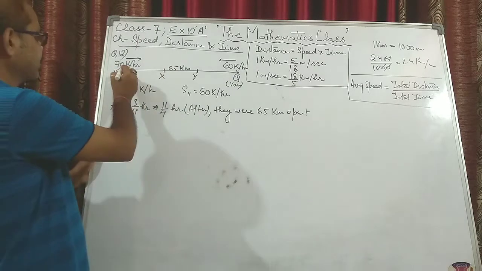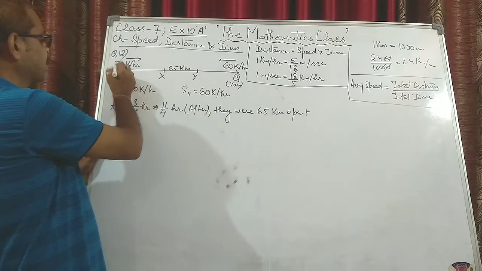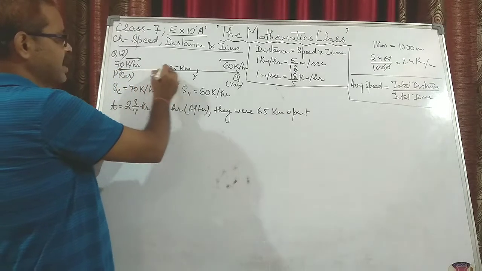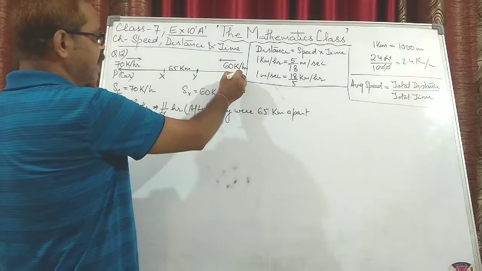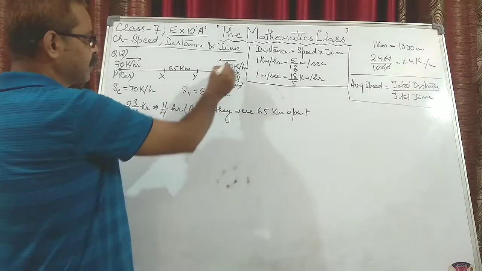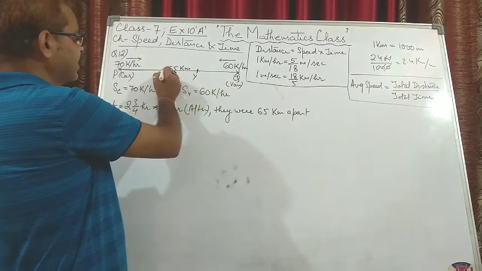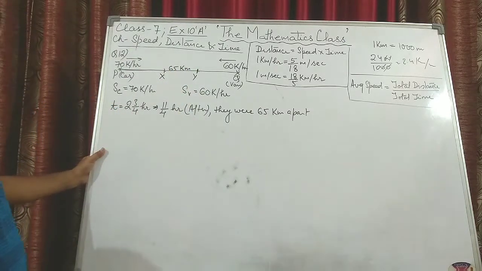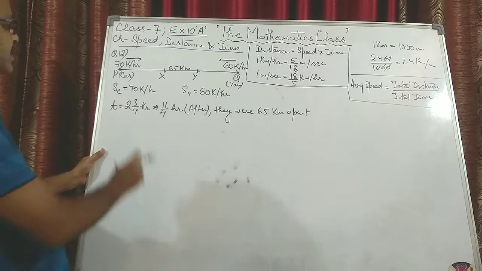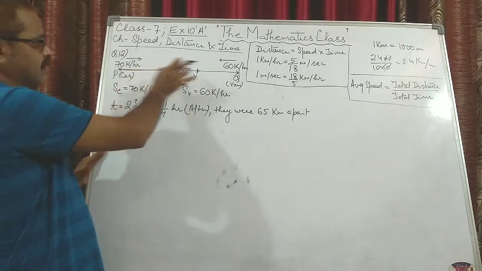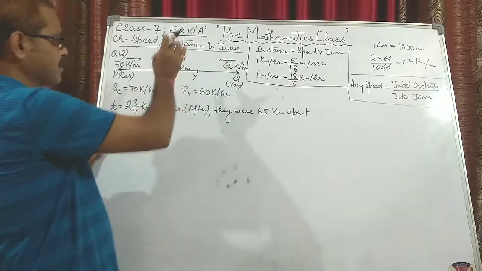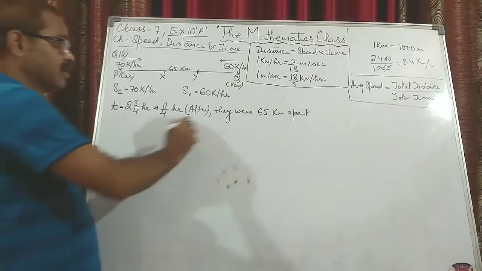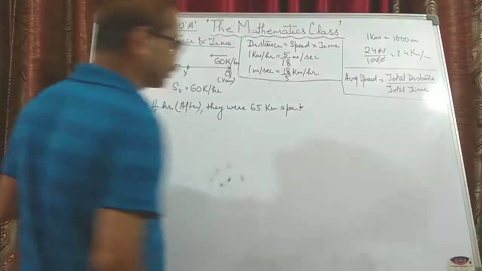It means the distance traveled by the car in 11/4 hours is PX, and the distance traveled by the van in 11/4 hours is QY, and this XY is the distance between them. Now they say to find the total distance.